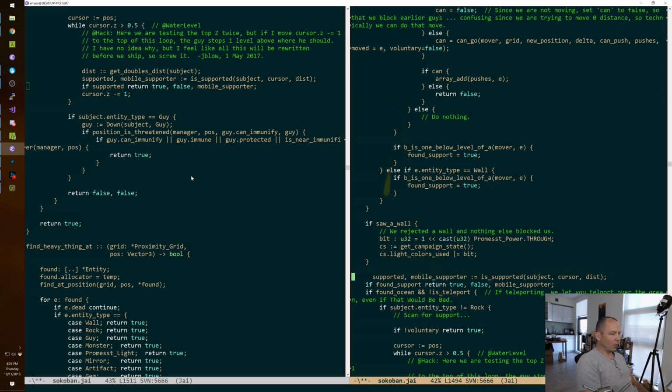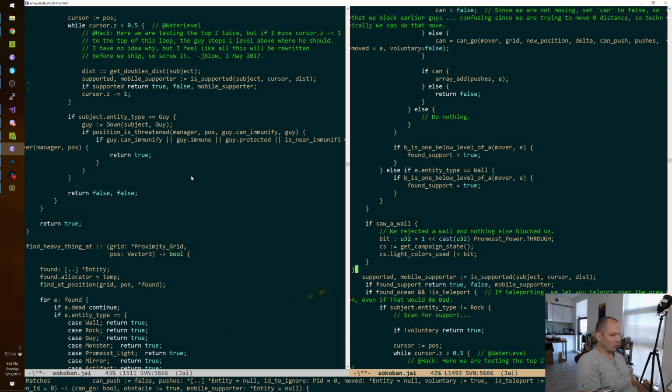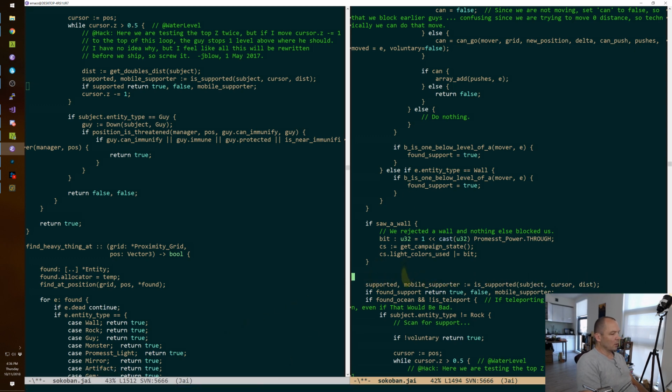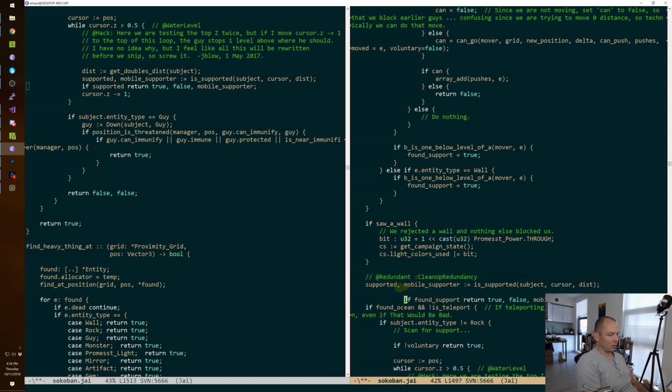Why is Emacs getting annoyed at me for indentation? It's just fighting me.